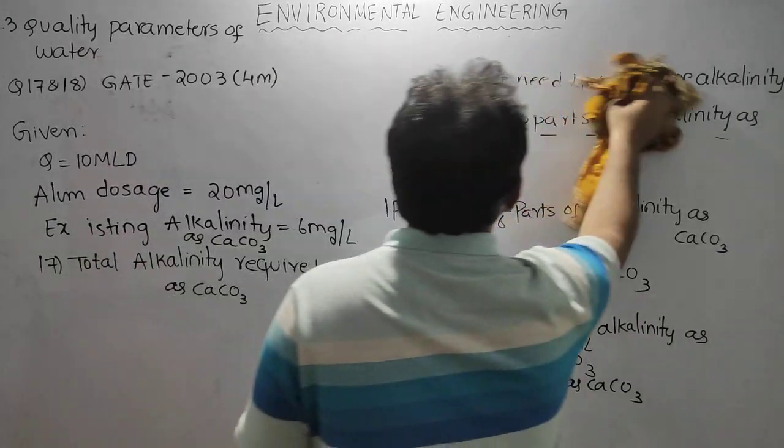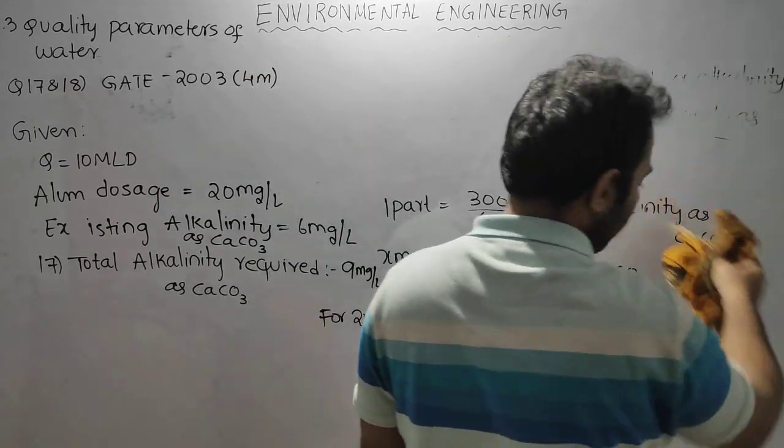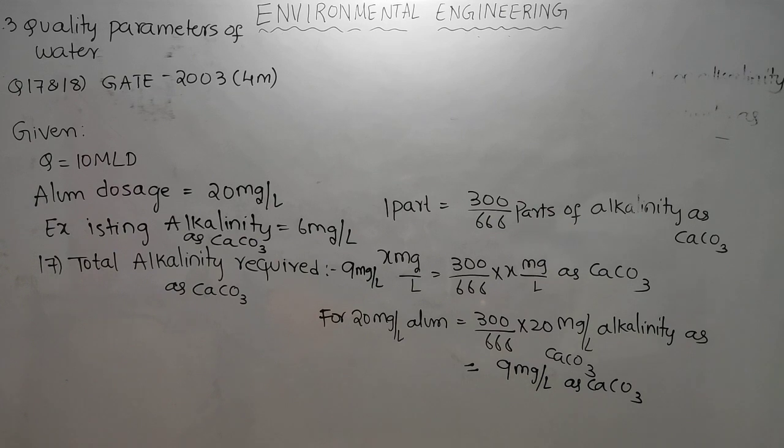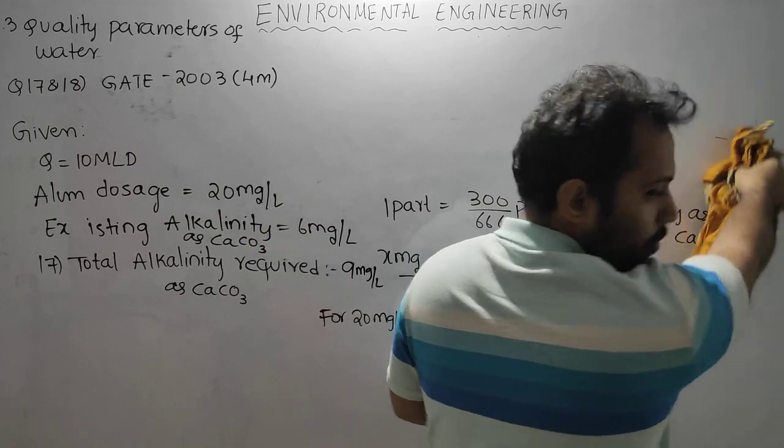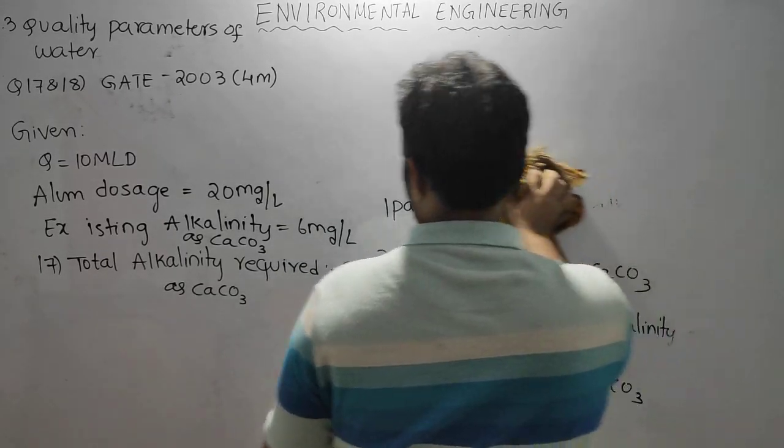For providing 9 mg per liter of alkalinity as CaCO3, how much quicklime is needed?